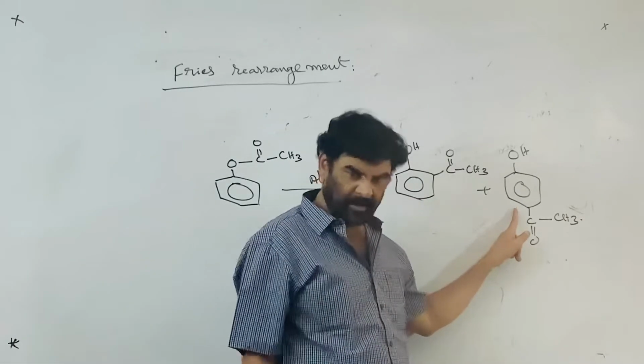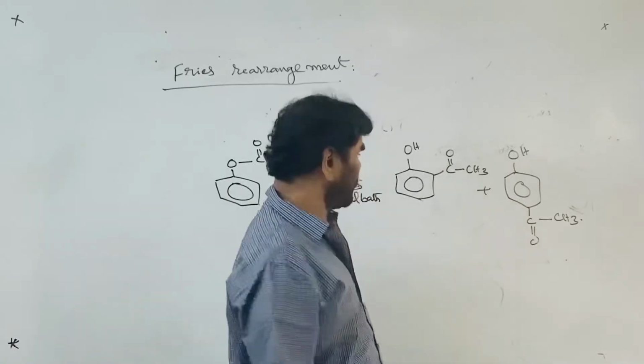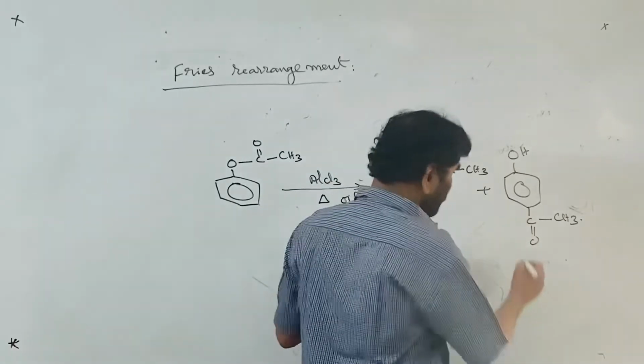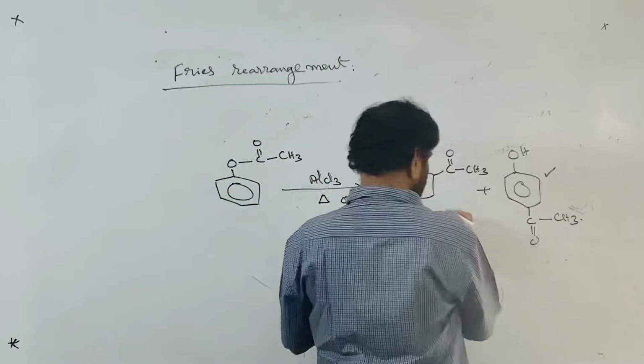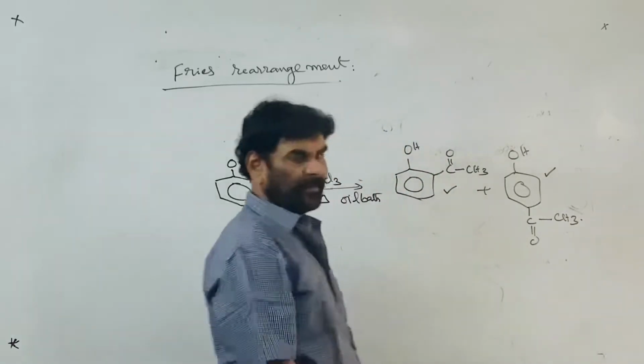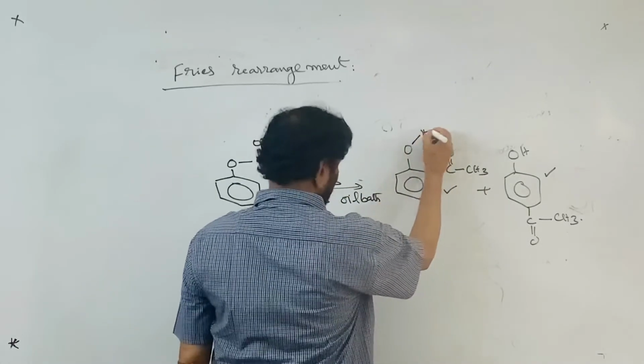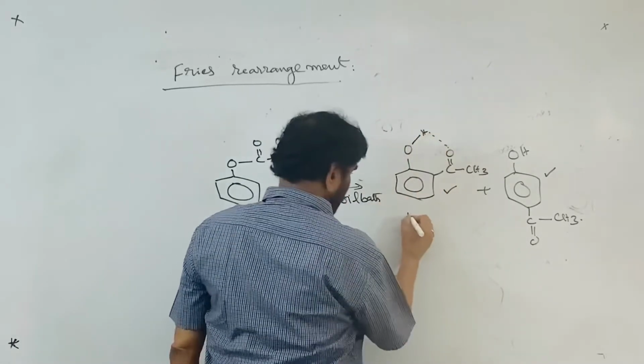Under lower temperature conditions, this is the major product. Around 60 degrees and less, this is the major product; above 100 degrees Celsius, the other is major. The ortho product is the kinetically controlled product; due to intramolecular hydrogen bonding, it is more stable.